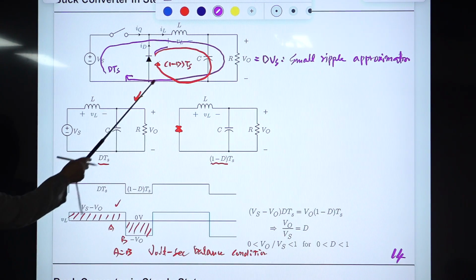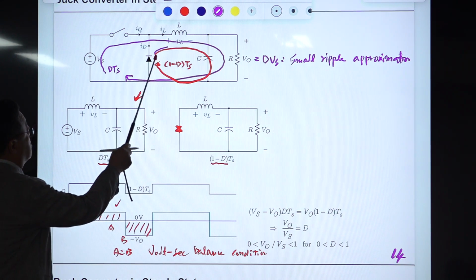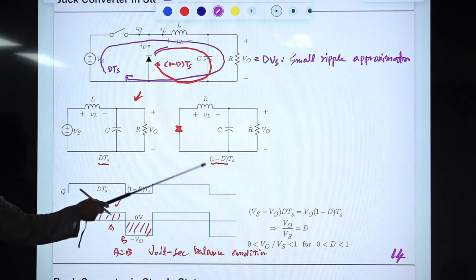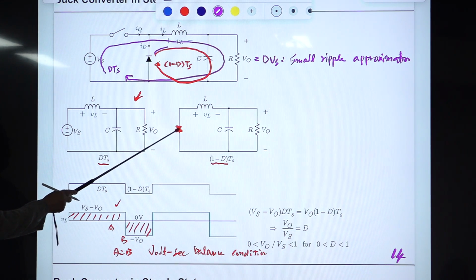During that period, which is (1 minus d)Ts, you have this equivalent circuit, called the off-time sub-circuit. The diode in red means the diode is turned on, so it behaves as a short circuit.